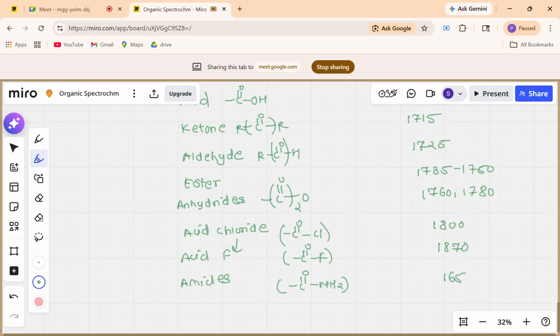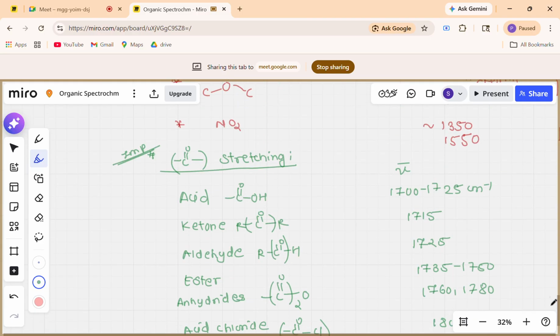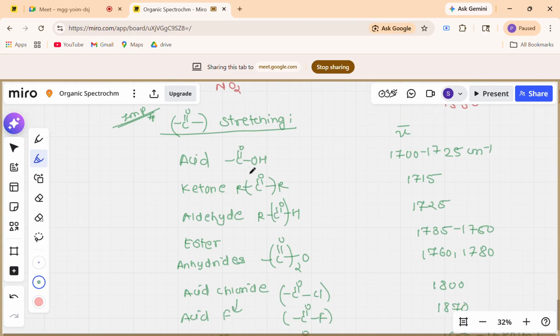And when we talk about amides, that is C double bond O NH2, here also there are two similar atoms and they give two peaks. It will be in the region 1650 to 1680 centimeter inverse. So this is basically the trend between the different carbonyl containing compounds.